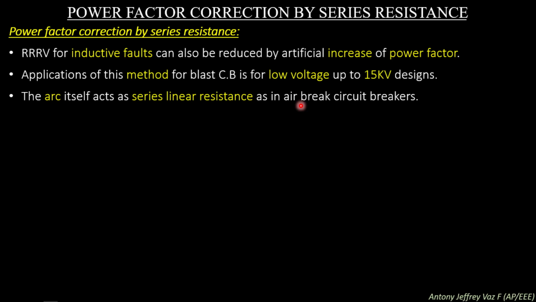By inserting the series resistance in the form of arc, the power factor can be increased, and so the rate of rise of restriking voltage amplitude can be decreased in case of inductive faults.